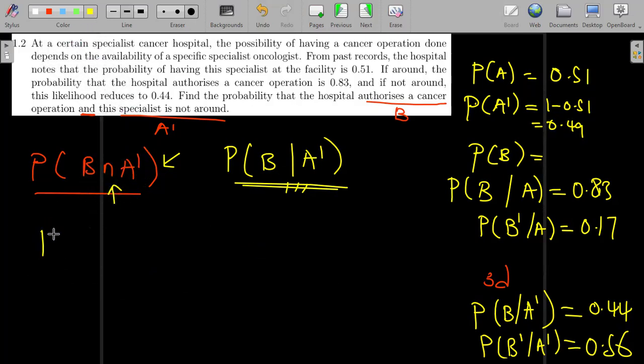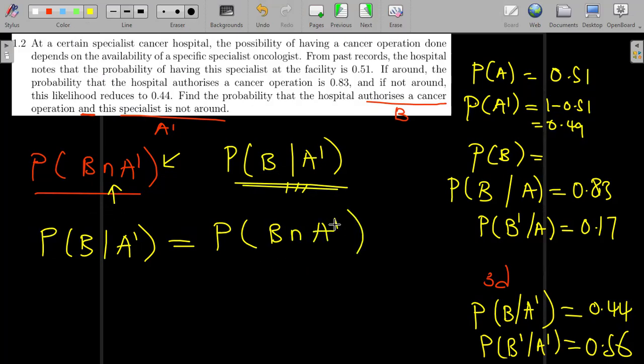The probability that the operation is allowed, given that the specialist is not around, is equal to the probability of B intersection A complement, which is what we want to find here, divided by the probability of A complement. This follows from the formula for conditional probability. I hope no one is lost there.